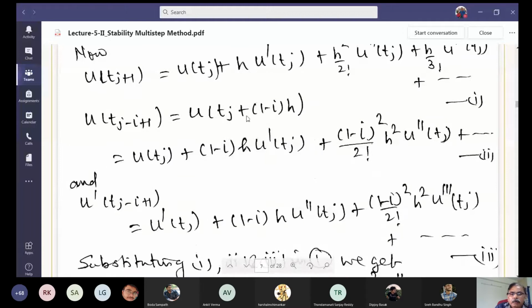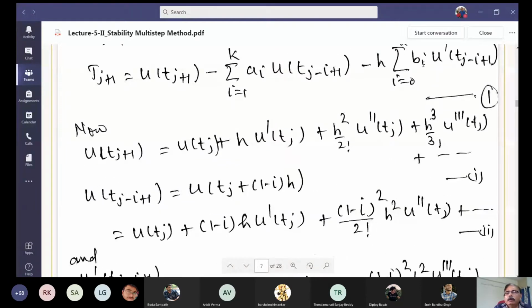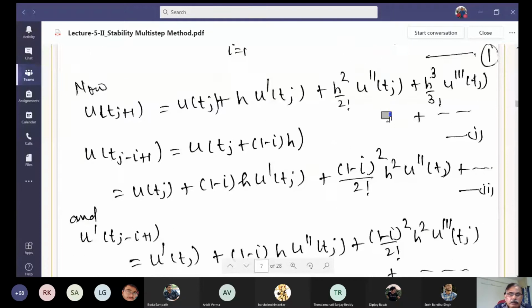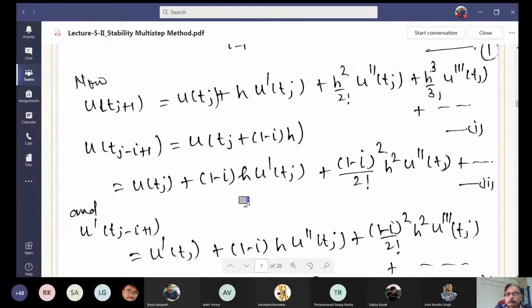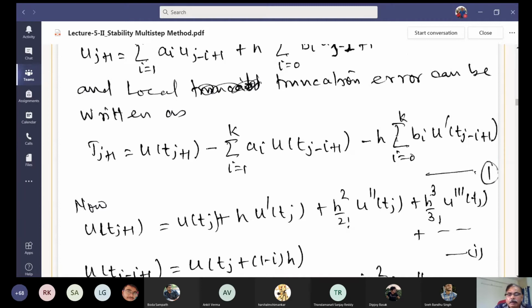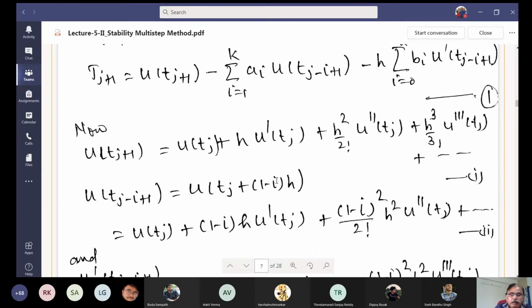You see, the second term will have h into u prime here, and in the slope also, h into b_i u prime t_j, so the h coefficient will be there also. Here it will be b_i's, but here it will be your 1 minus i. Keep that in mind. It will be 1 minus i into a_i type of thing.